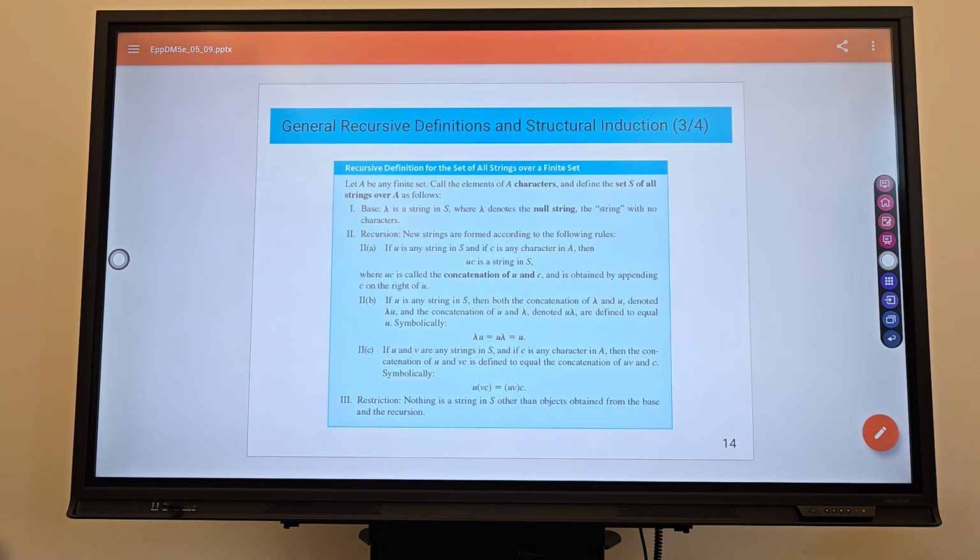If U and V are any strings in S, and if C is any character in A, then the concatenation of U and VC is defined to equal the concatenation of UV and C. Basically, it's associative. The associative property applies to concatenation as well. Finally, the restriction. Nothing is a string in S other than objects obtained from the base and the recursion.